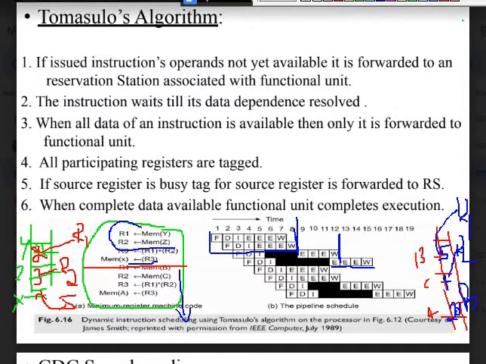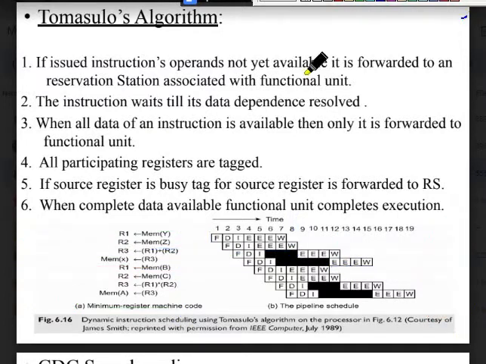Okay, here the concept is what steps are to be followed to perform pipelining using Tomasulo's algorithm. If an issued instruction's operands are not yet available, it should be forwarded to a reservation station.